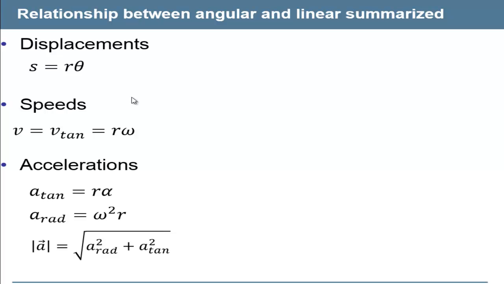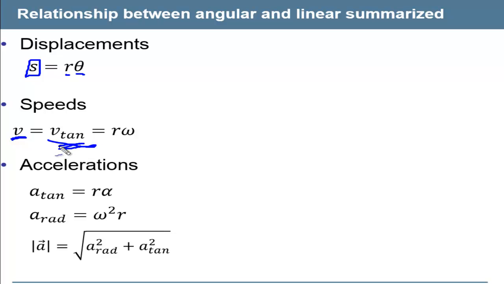So just to summarize all the relationships we just derived between the angular and the linear quantities, we have here the displacement, the distance something travels, s, is given to us as the radius times the angle theta when theta is measured in radians. So s is equal to r theta when theta is in radians. The linear velocity is the same as the tangential velocity.